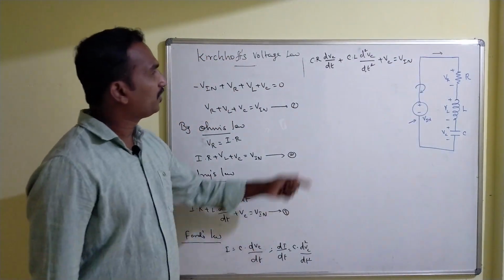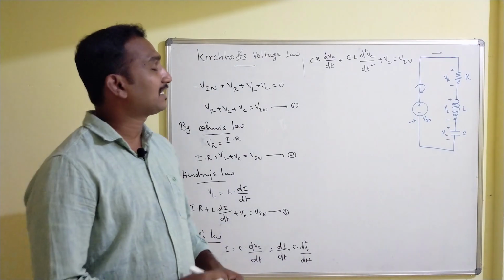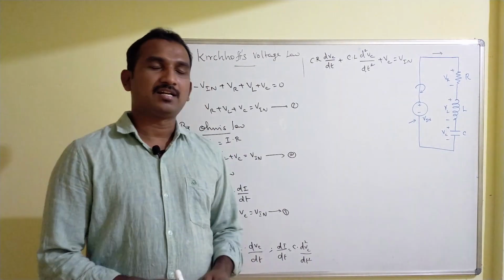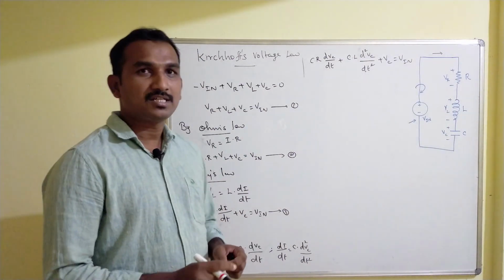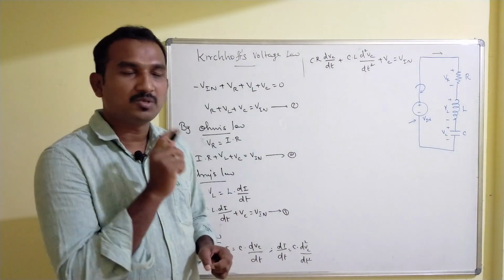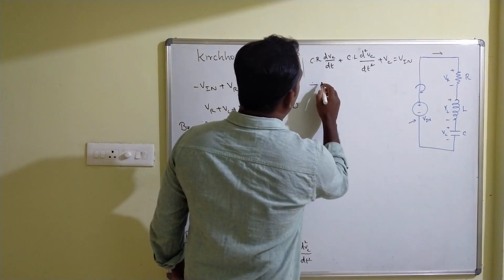Now we have the second order differential equation, but this is not in the standard form. In order to make the standard form, the coefficient of the highest order, the second order differential term, must be 1. So divide through by LC.